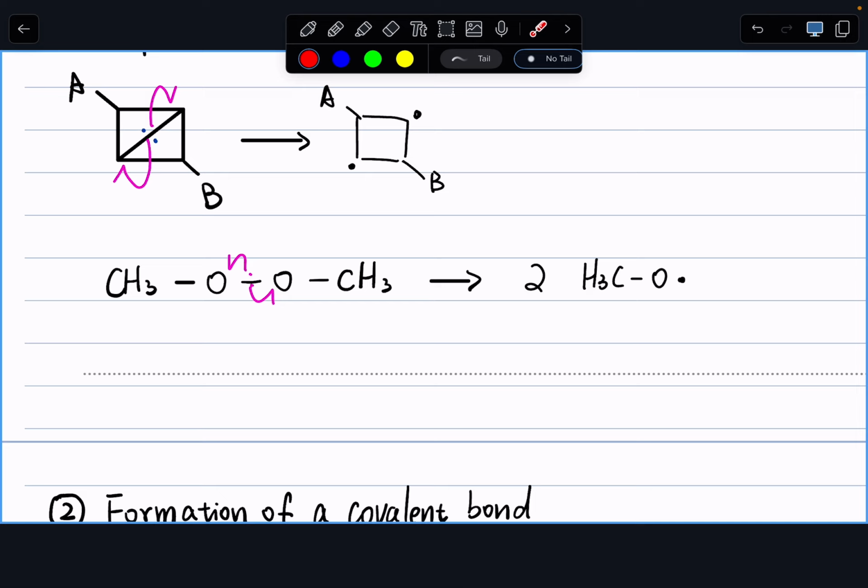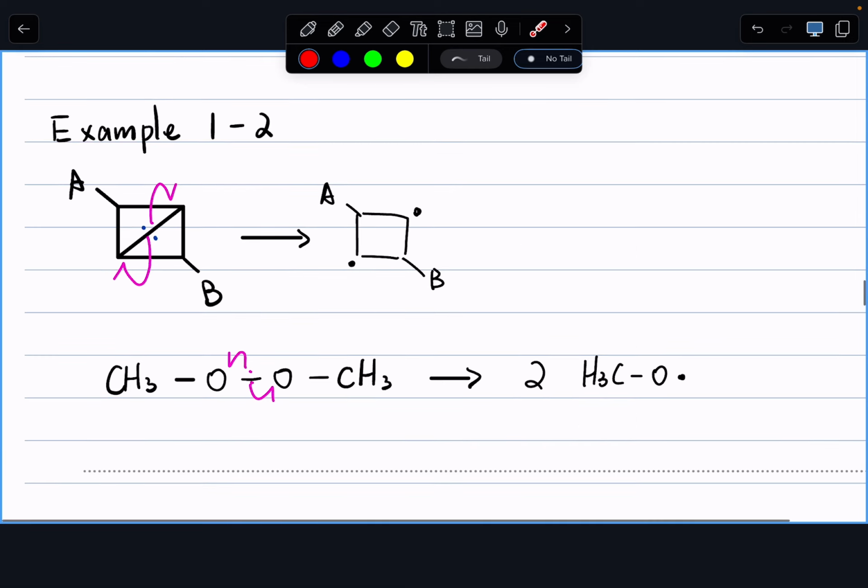Okay, any questions before we move on? Yes? Just with the previous example, does it matter if you put the lone electron inside the square or outside? It doesn't matter how you draw it. Conventionally, I like to draw it that way, but it's not wrong if you put it inside.